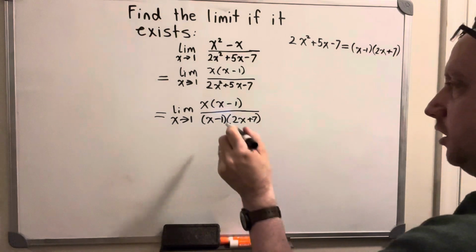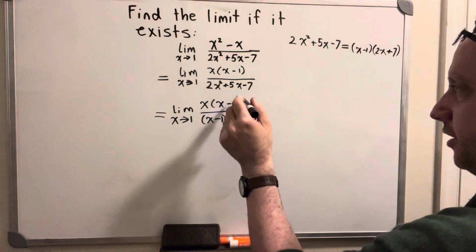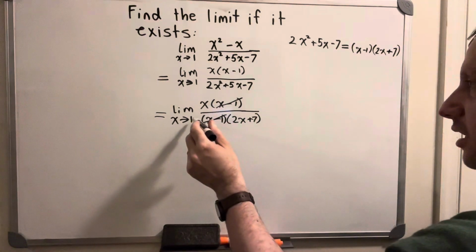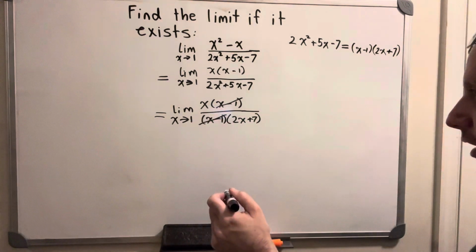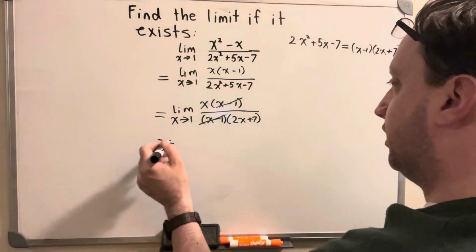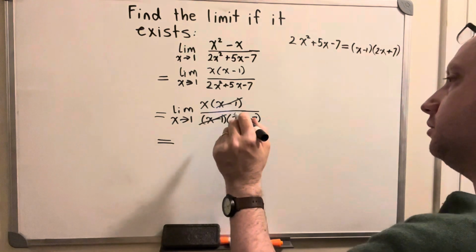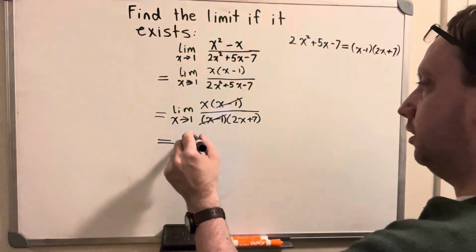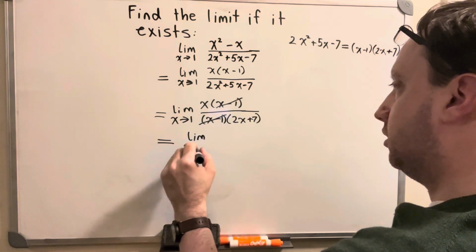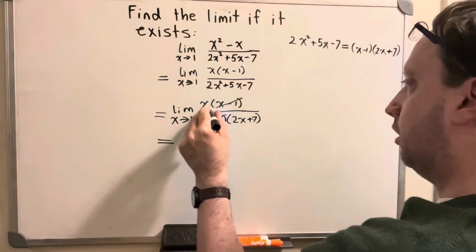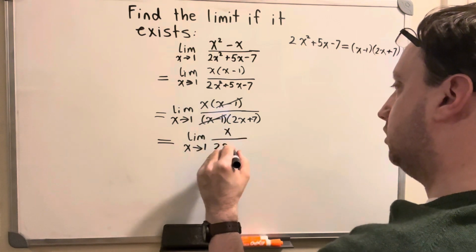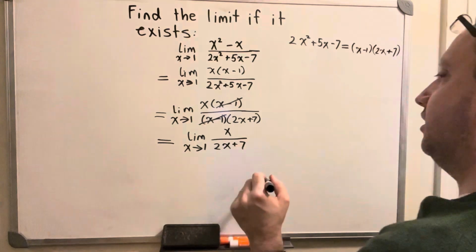And now, since we have an x minus 1 in the numerator and the denominator, we can cancel them out, because you never evaluate a limit, you never compute what a limit is right at the value that it's approaching. So this leaves the limit as x approaches 1 of what's left, x over 2x plus 7.